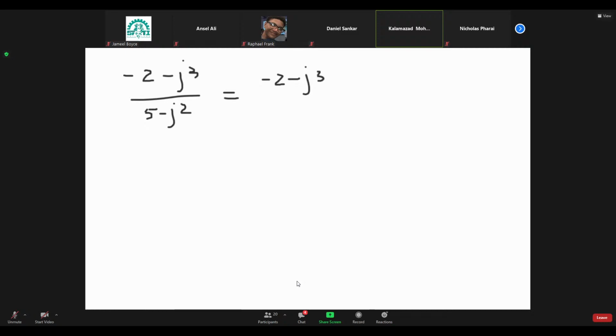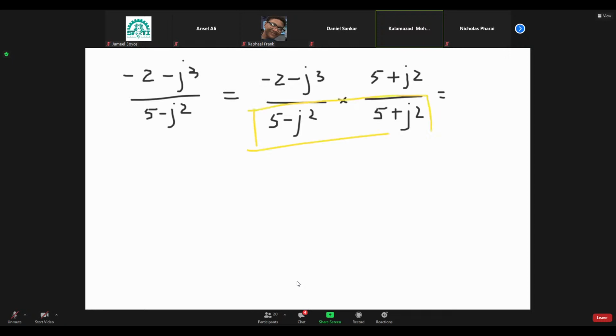And the underneath, remember, is the conjugate.